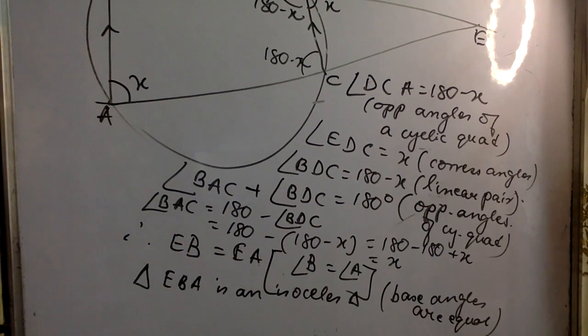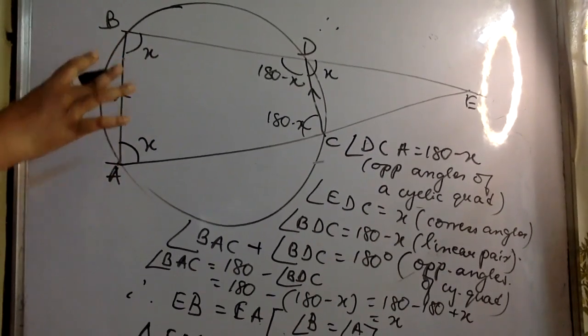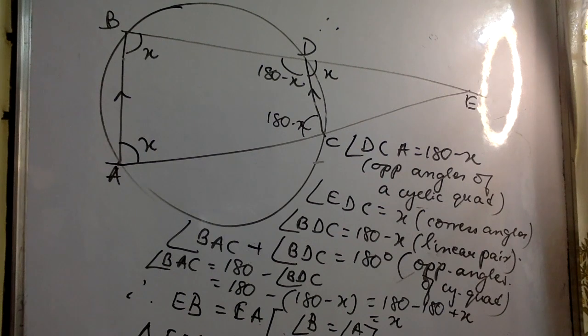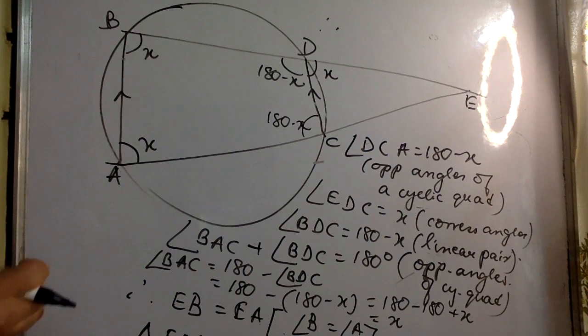Why? Because we have proved both the base angles to be x. So if you start writing in the diagram, you will see that you are getting your sum much easily. So get into the habit of, rather than thinking, you must copy the diagram in your paper, and then start filling it up with angles, and the sum comes up in no time.